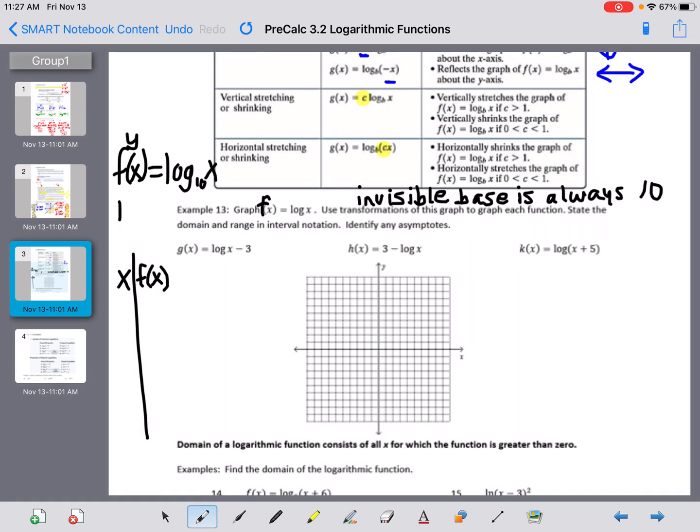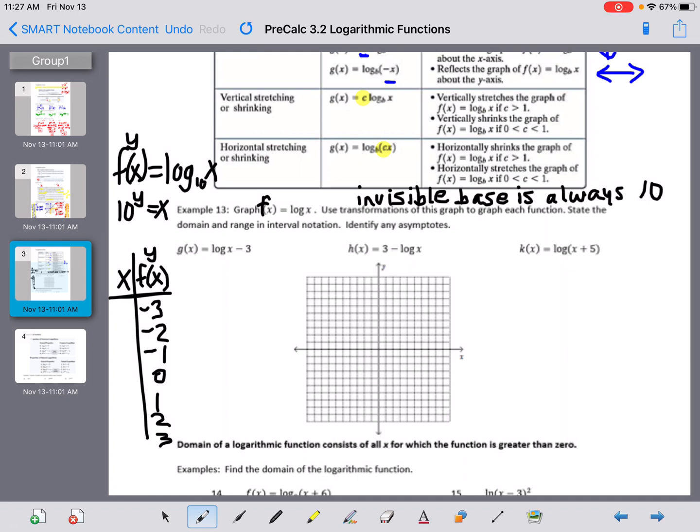So that's saying the same thing as 10 to the y power equals x, okay? So if this is my y over here, I would rather plug in for my y: -3, -2, -1, 0, 1, 2, 3, and then solve for my x, because that's how I graph my logs. I plug in for my y's and solve for my x, okay?